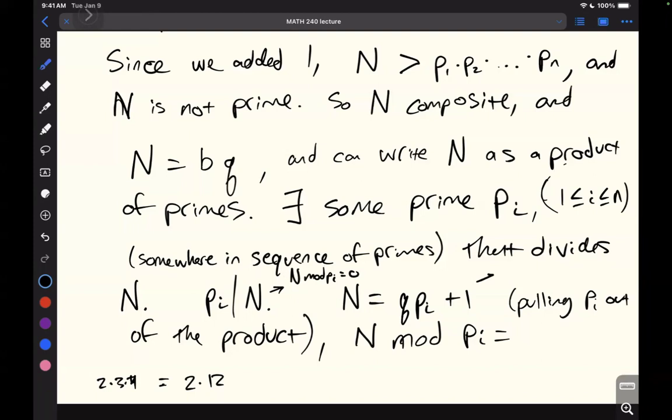But from here, we add 1. And so therefore, N mod Pi has to be 1. This is our contradiction. If N is composite, then we can write this. But since we constructed our number by multiplying all the primes together and then adding 1, this is where our contradiction comes in, where N mod Pi is equal to 1.